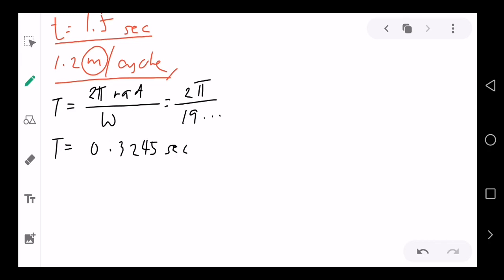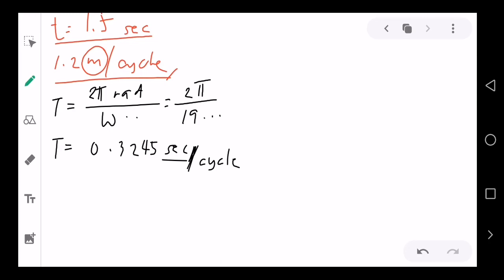Tama, seconds, kasi period siya. So, yan, unit of time. Seconds per cycle siya, okay? Kasi ang unit nito ay cycle per second.